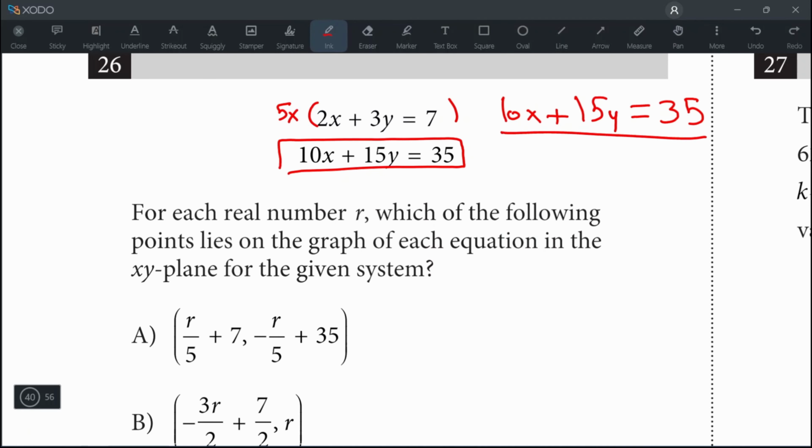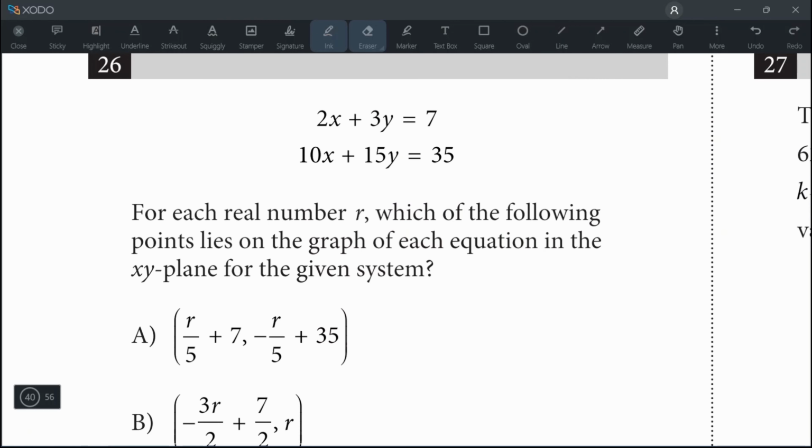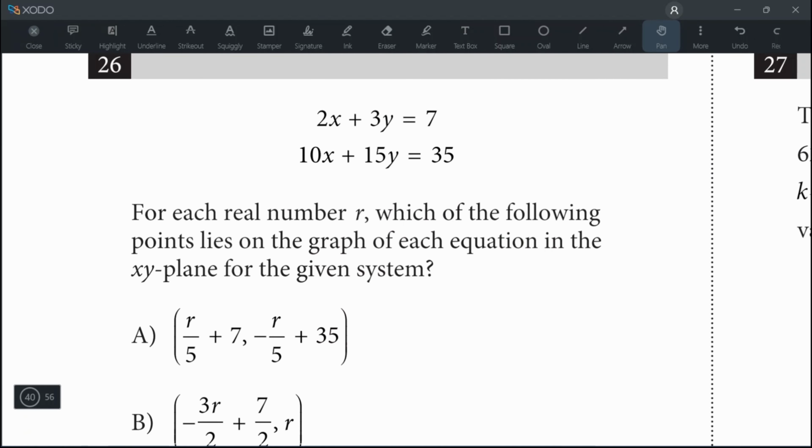So as you can see, it is the same equation here. We have the same equation, so they are the same functions as well. The next step is to find the xy coordinate that fits this equation.